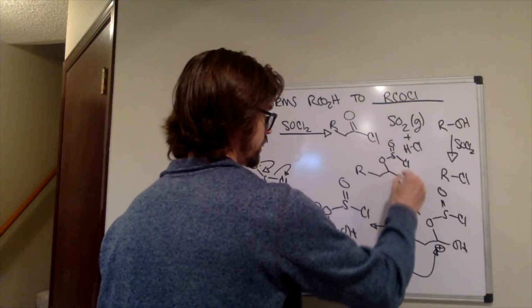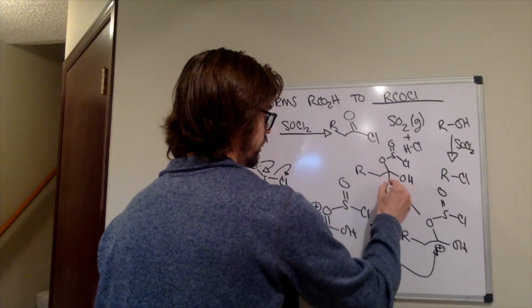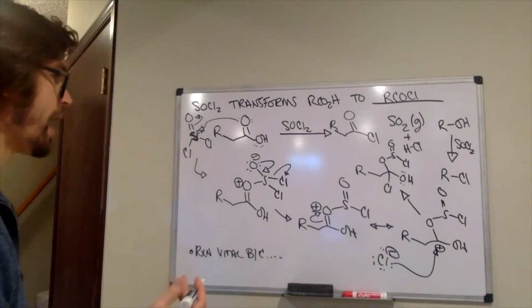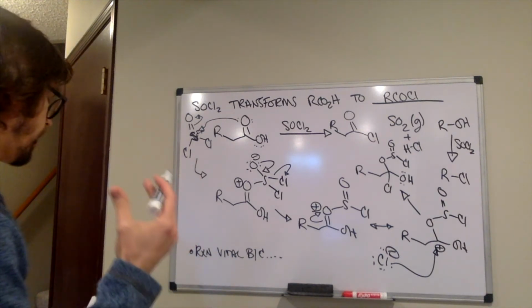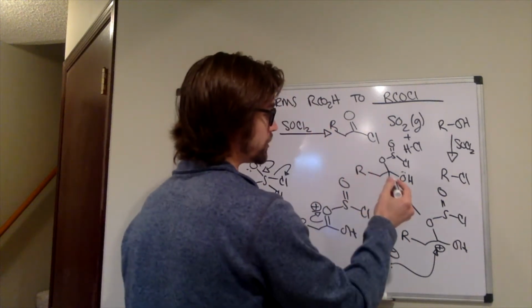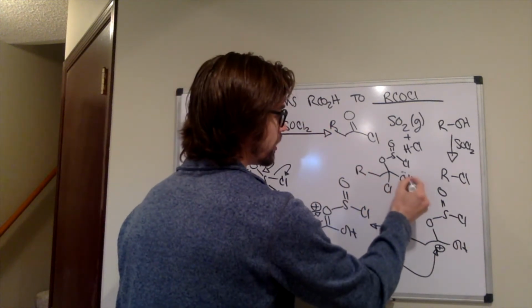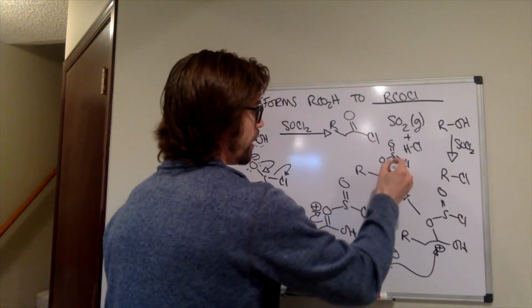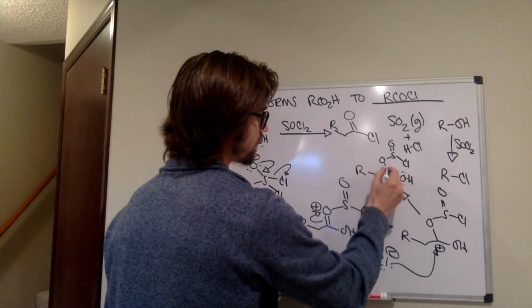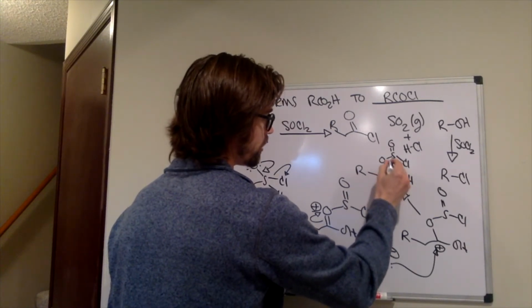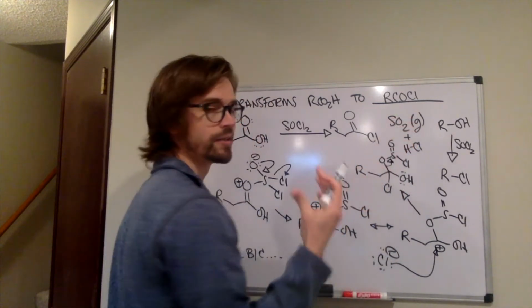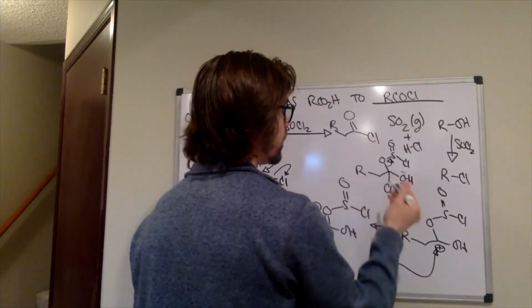And now this next arrow is going to be pretty busy. So essentially here we're going to have a lot of electrons moving at the same time. So essentially this SO2 needs to form, and that's going to form from this oxygen. This oxygen is going to pull the electrons from this bond and form a double bond to that oxygen, because SO2 is sulfur double bonded to two different oxygens.